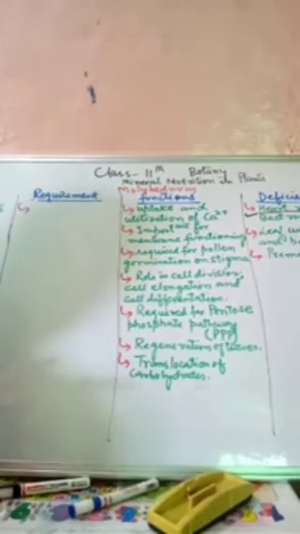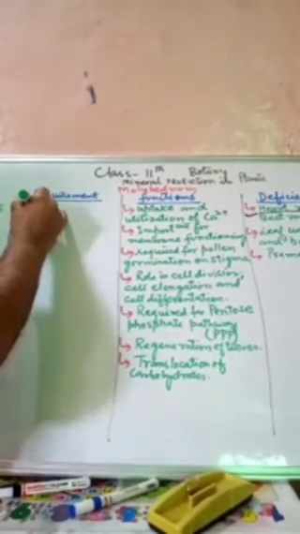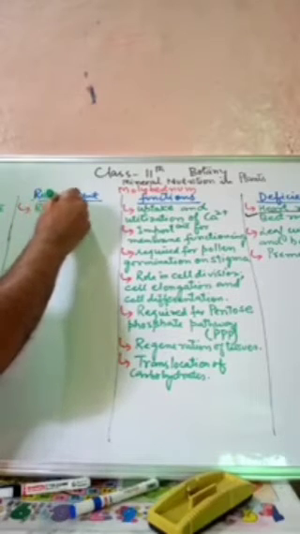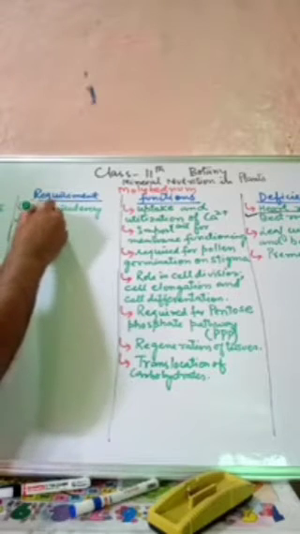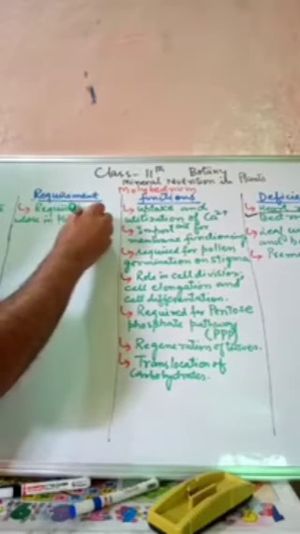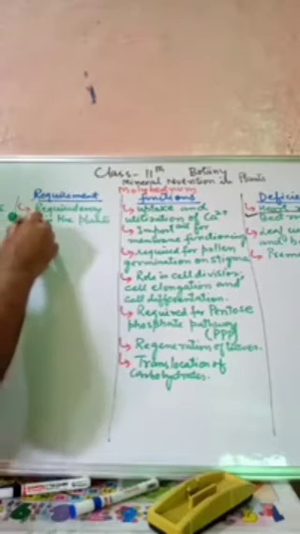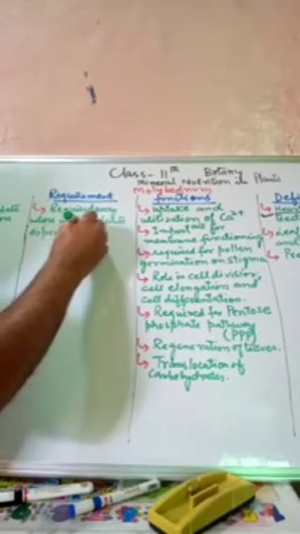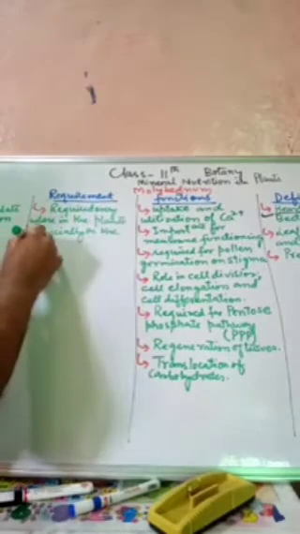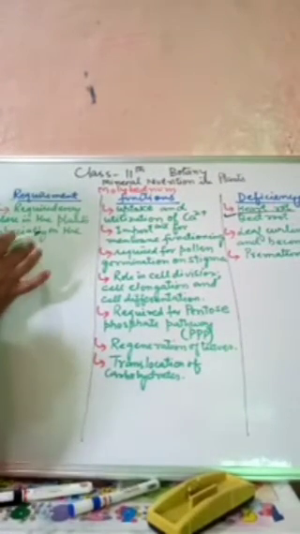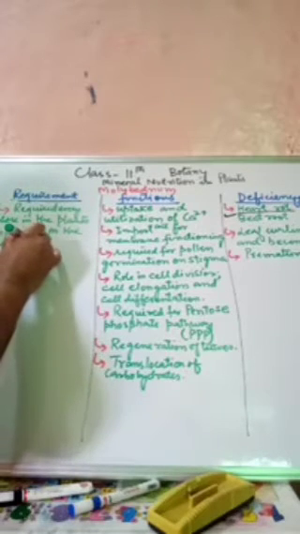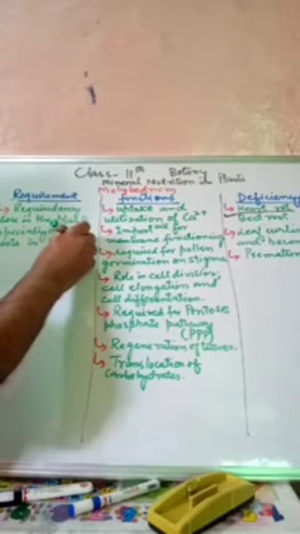It is required all over the plant, everywhere in the plant, especially in the roots, where its need arises. And it is required in the form of the molybdate ion.